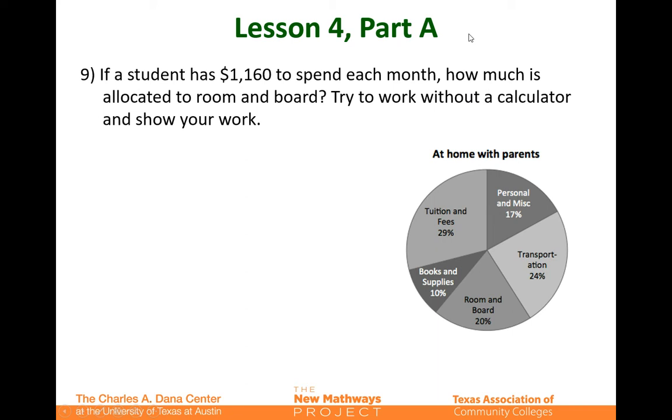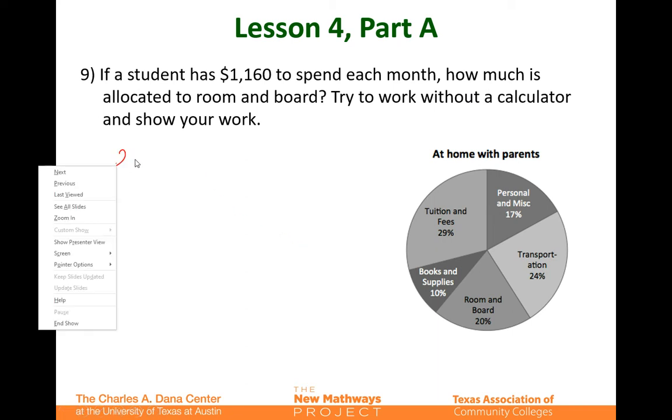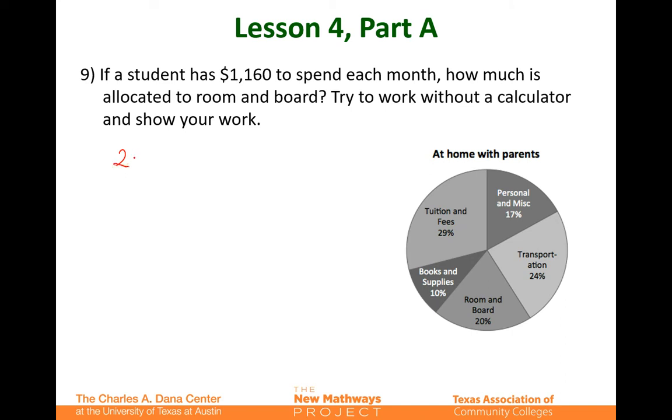So we know that room and board is 20%. So we need 20% of $1,160. How do we calculate a percent of something? Anytime you see the word of, that generally means to multiply.